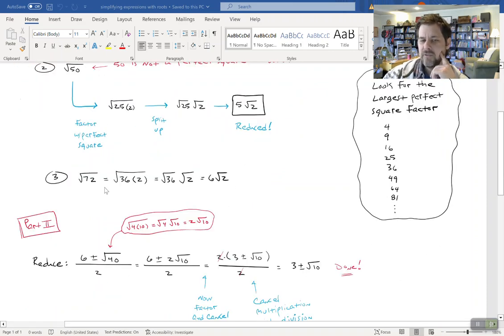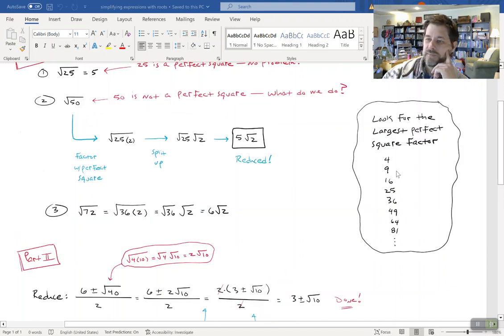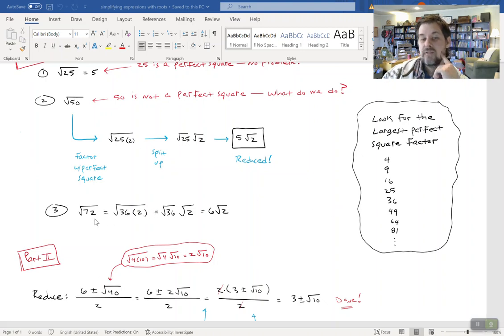Suppose you had 72. 72 is not a perfect square either, but I would look for the biggest number on this list that factors out of 72, and that happens to be 36. So 72 is in fact 36 times 2, and because roots and radicals split up across multiplication, this is individually root 36 times root 2, and root 36 is 6, so it's 6 root 2.